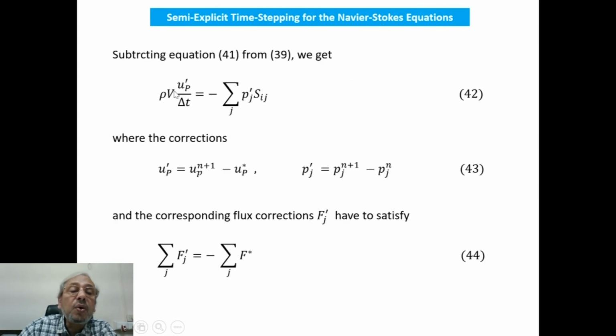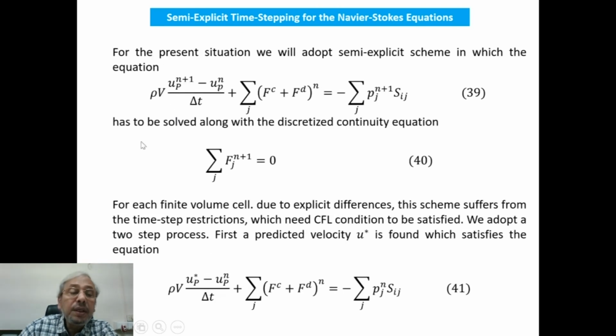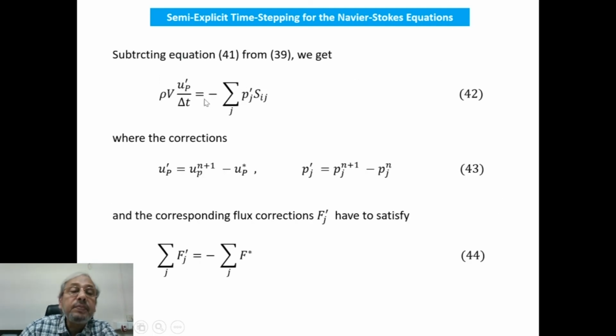That means rho into V, where V is volume, into the difference between velocity at the n plus 1th level and the star quantity, which is UP prime, by delta t. So we are calling it UP prime.